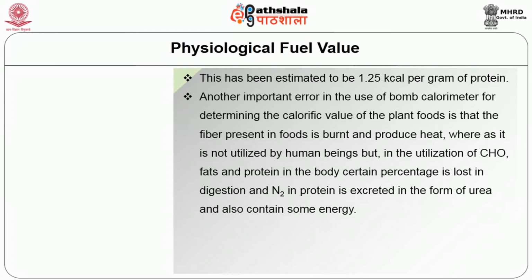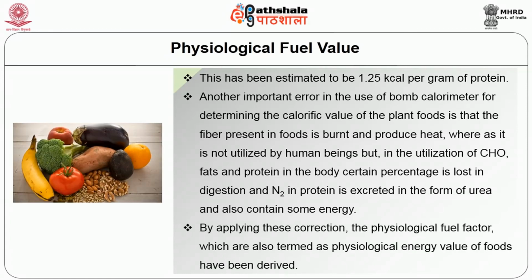Another important error in the use of the bomb calorimeter for determining the energy value of food, especially plant food, is that fiber present in food is burned and produces heat, whereas it is not utilized in human beings. In the utilization of carbohydrate, fats and protein in the body, a certain percentage is lost in digestion, and nitrogen in protein is excreted in the form of urea, which also contains some energy.